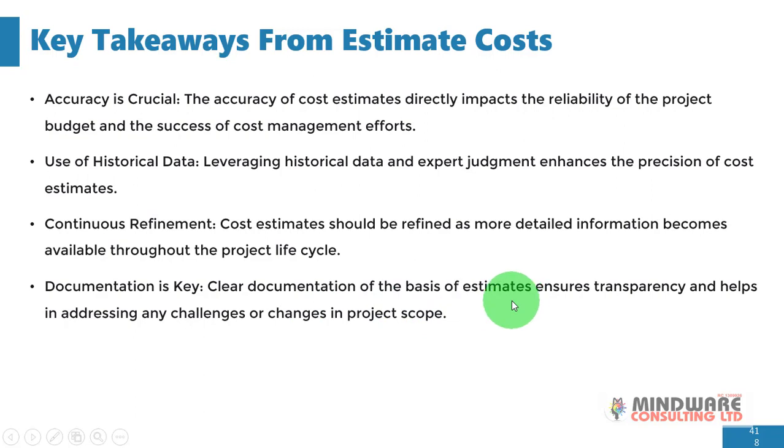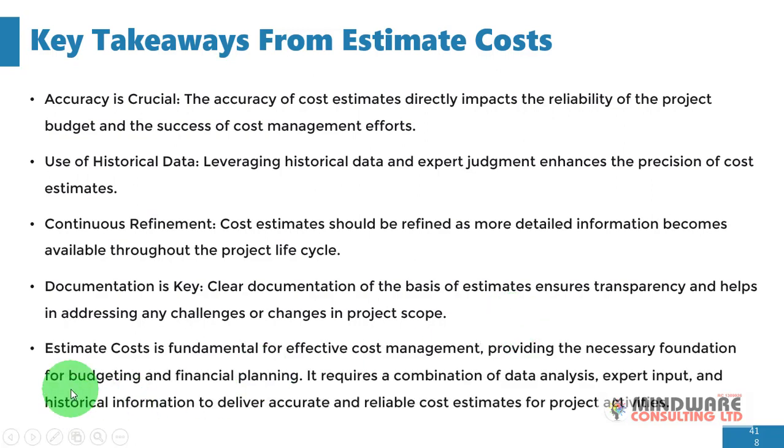Clear documentation of the basis of estimate ensures transparency and helps in addressing any challenges or changes in project scope. So you need to document the basis of estimates, just like I mentioned before. Basis of estimate, BOE, is also an output in this process. So that has to be available to ensure transparency, okay, throughout the project.